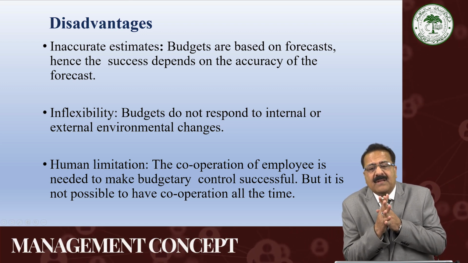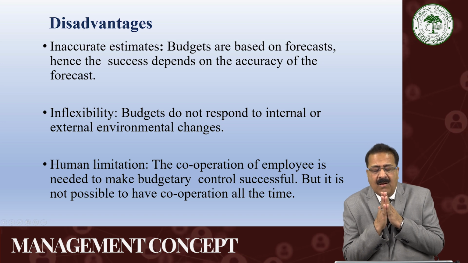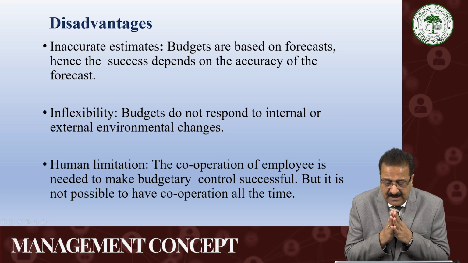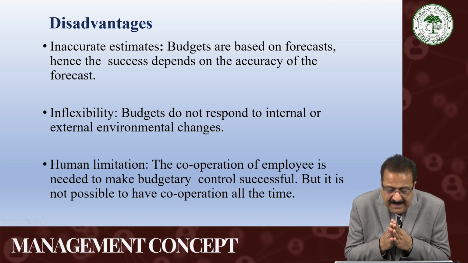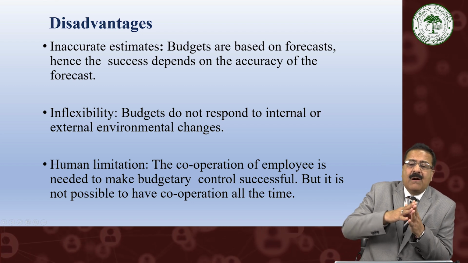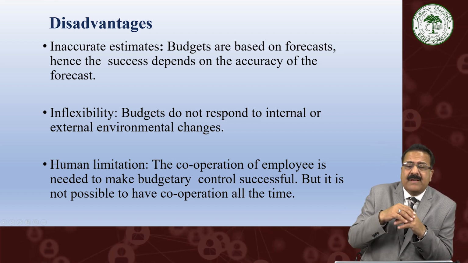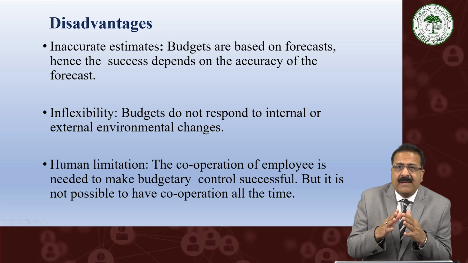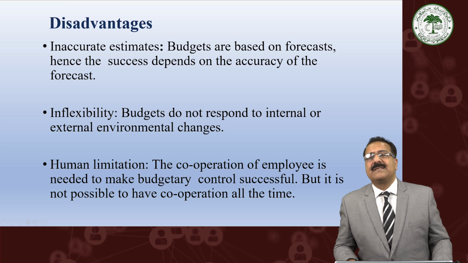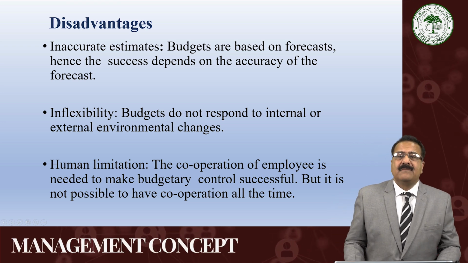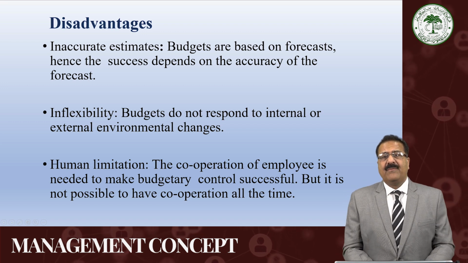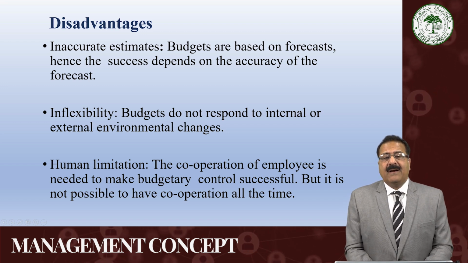Then there comes the human limitation. Human limitation simply means the cooperation of employees. You all must note here that the cooperation of employees is needed to make budgetary control successful. But it is not possible to have cooperation all the time. Because organizations are basically heterogeneous. For making the budgetary system effective, there is a need of homogeneity.